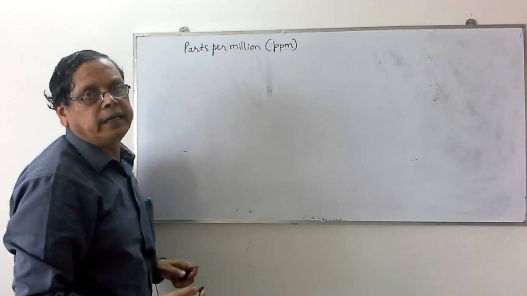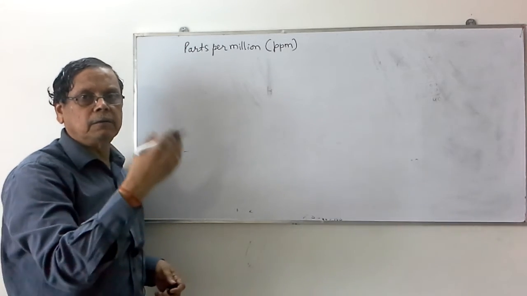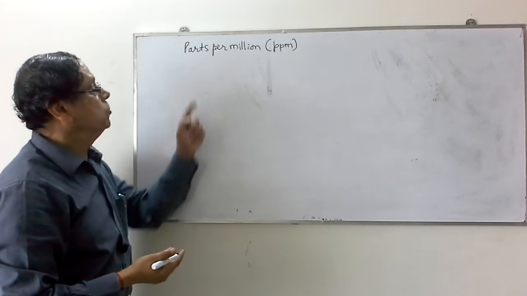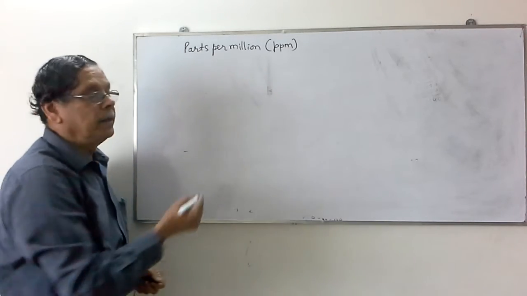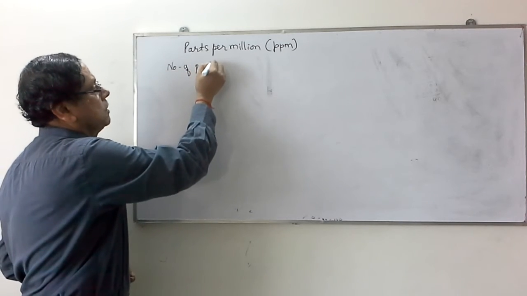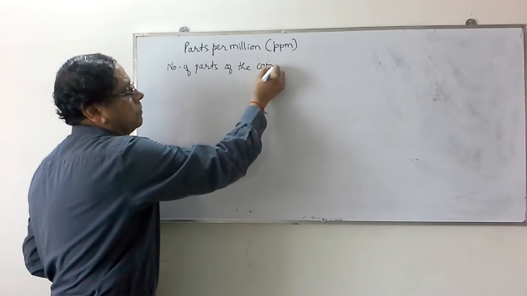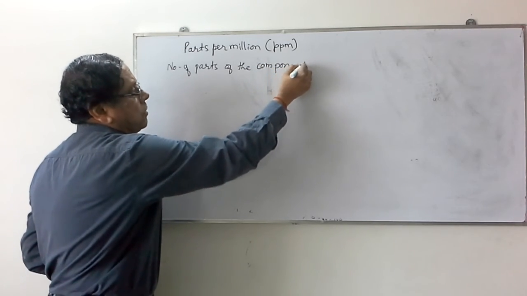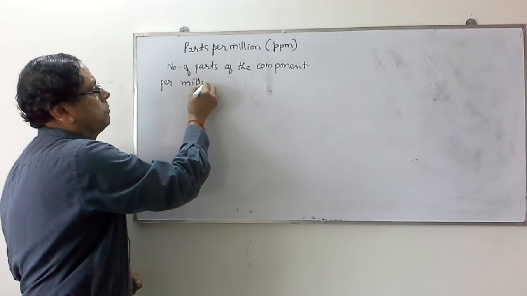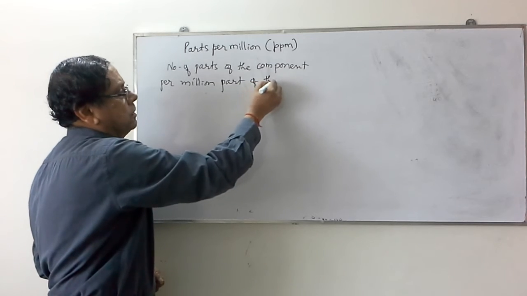Suppose you want to measure the concentration of an impurity in water, or the pollution concentration of various components, usually we use this ppm. It is the number of parts of the component per million parts of the solution.